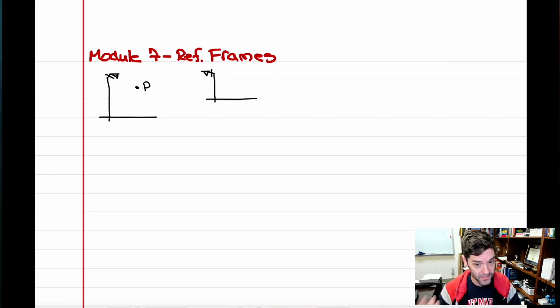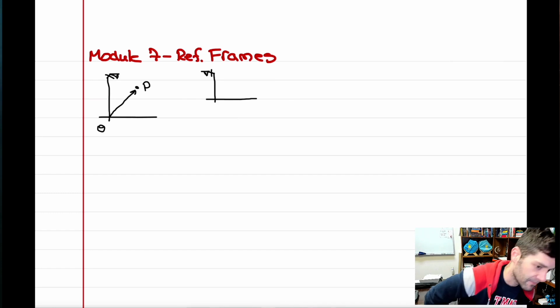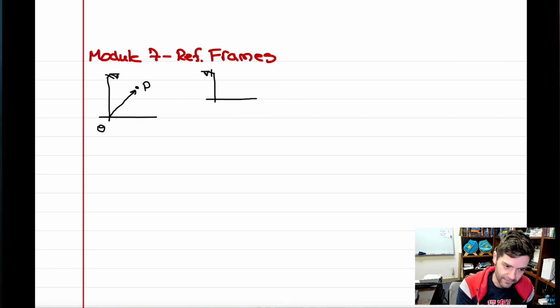I have to establish a coordinate system that has some sort of origin, some axes, ideally perpendicular axes, and then, in the case of position, I can write a vector that goes from the origin to that location, and that tells me the position of the object in that reference frame, in that coordinate system.